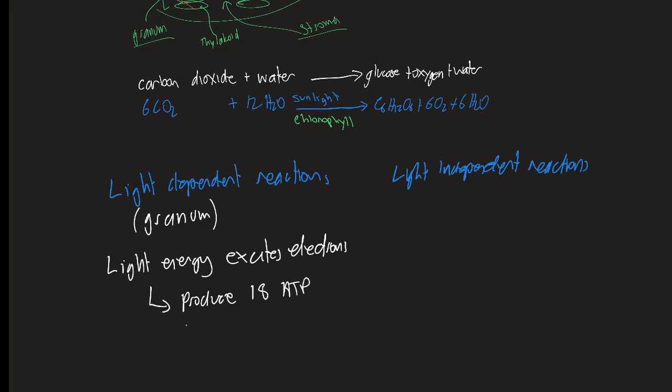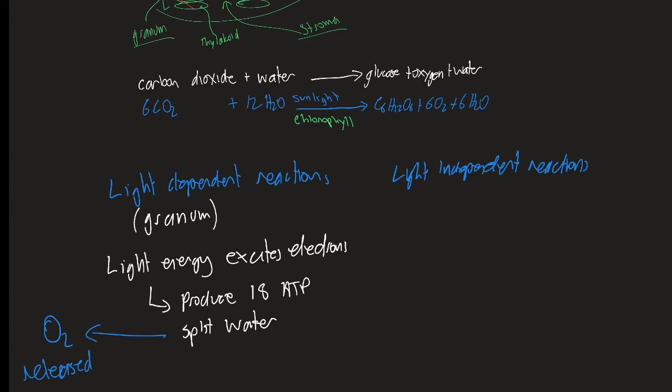And they also split water. Now, so we're splitting water, and obviously water is H2O, so the oxygen then gets released, and that, of course, is what produces the oxygen in our atmosphere.